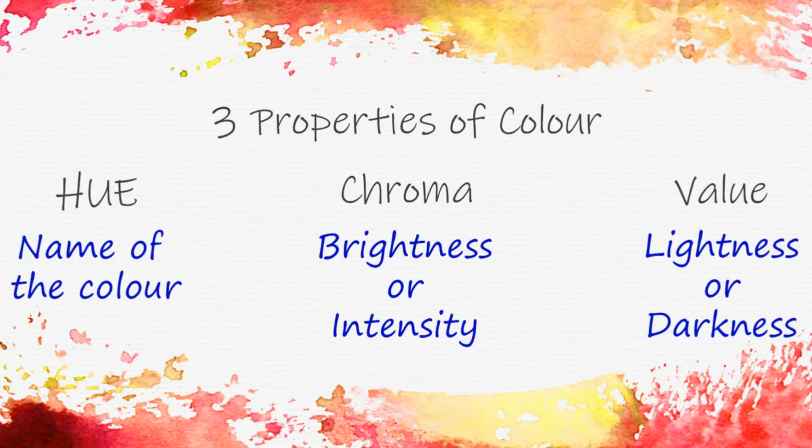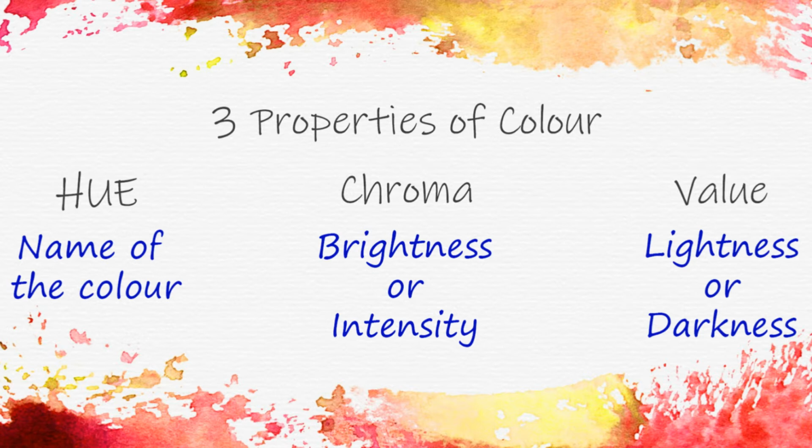The 3 properties of color are the hue, the brightness or chroma, and the value. The hue is the name of the color, and this is red, yellow, or blue, green, purple, orange, etc. The brightness is the chroma, and this is the intensity of the color.